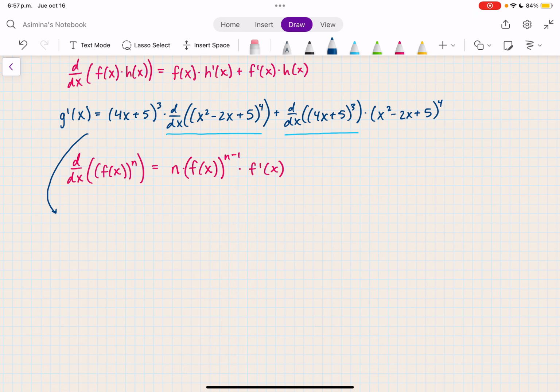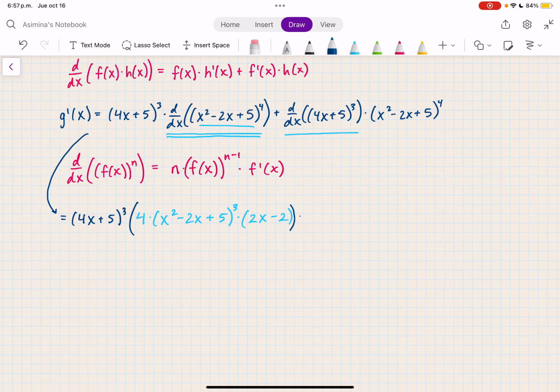So continuing on here, this derivative is going to be 4 times (x squared minus 2x + 5) raised to the third power times the derivative of the inside. So now we want the derivative of x squared minus 2x + 5, so that'll be 2x minus 2.